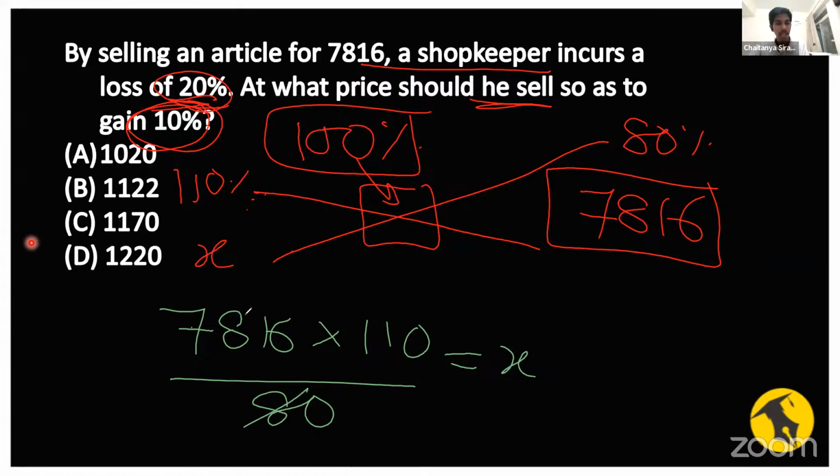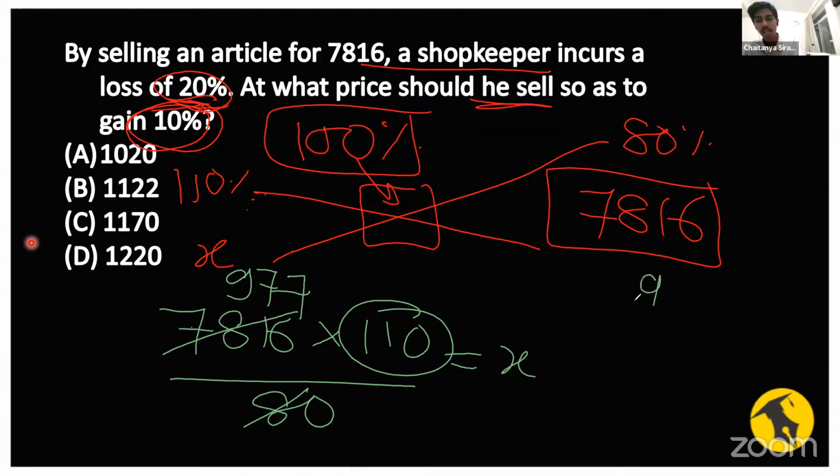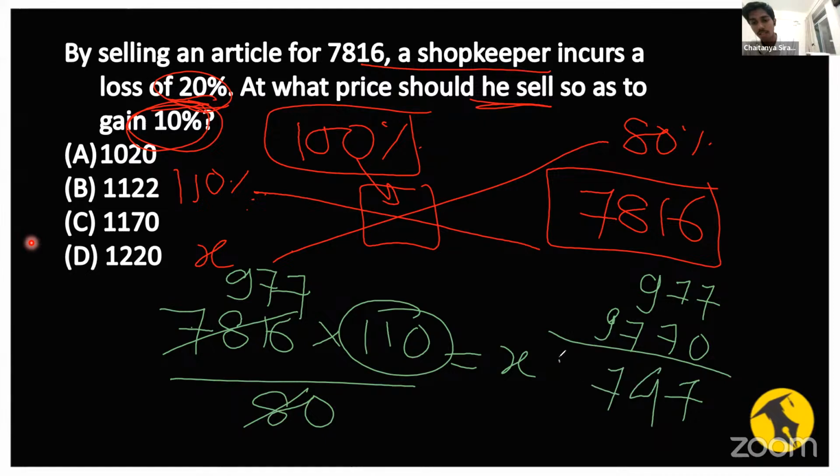Okay, so if I divide by 80, this will give me 9, the 72, 6 carry 61, 7 the 56, 56 carry 977 into 110. So I can write it as 977 and 977. So it will be 7, 14, 27, 10.